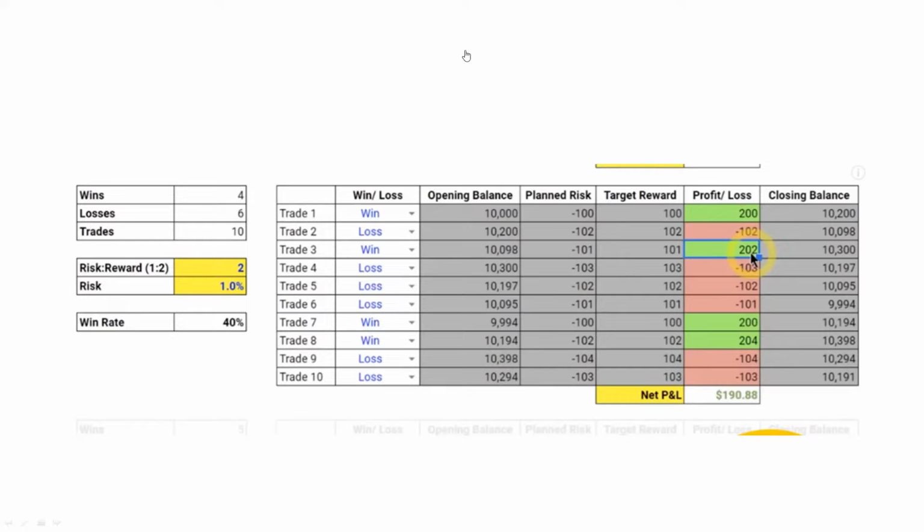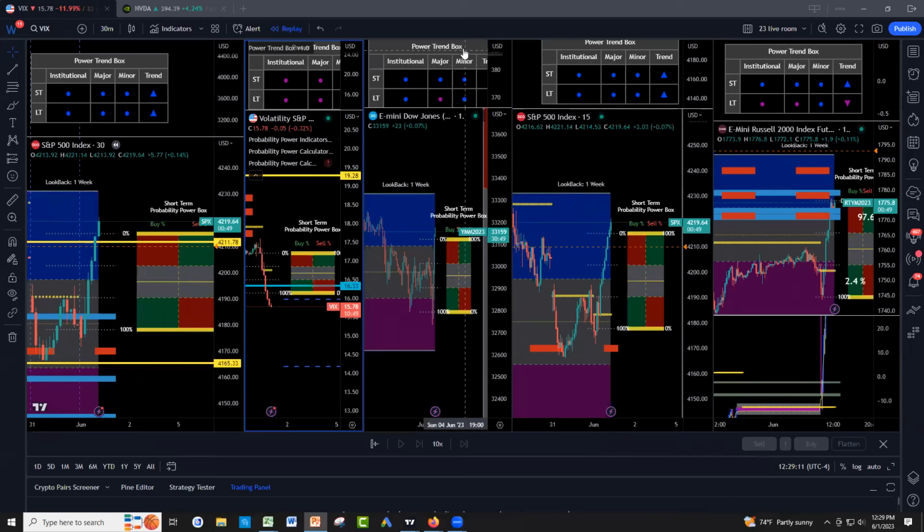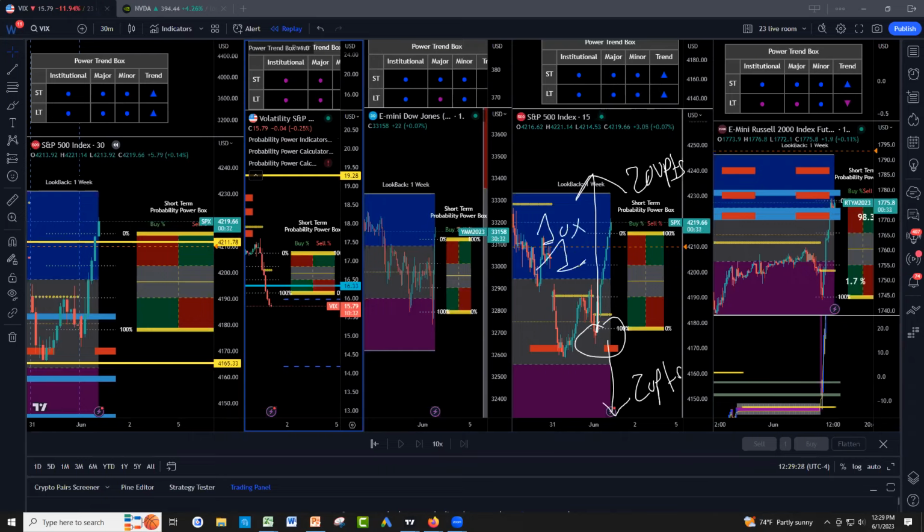It's all about the tools, how you structure, and being patient. Put a little size here, and the distance from here to here is, let's say, 20 points. And let's say the distance from here to the top is 200 points. Now you structure a 10-to-1 ratio type of trade. It is very important that you structure them like that if you want to be successful with our tools.